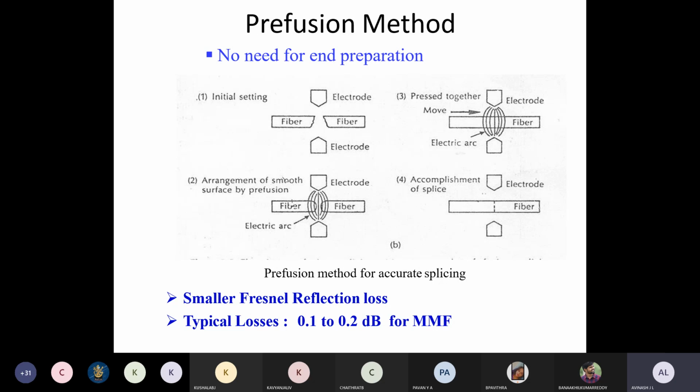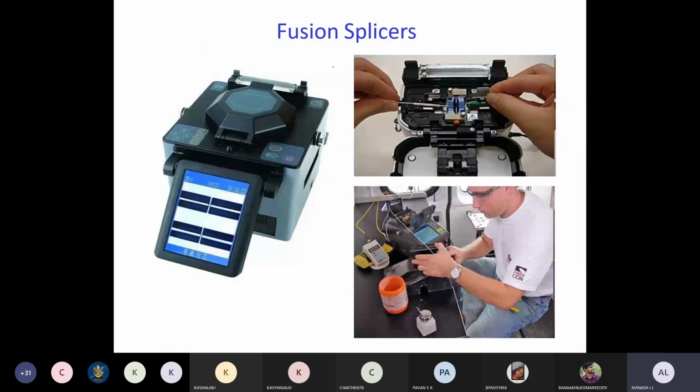So you can go through the diagrams, and once you've gone through this diagram, we'll move on to the next thing.